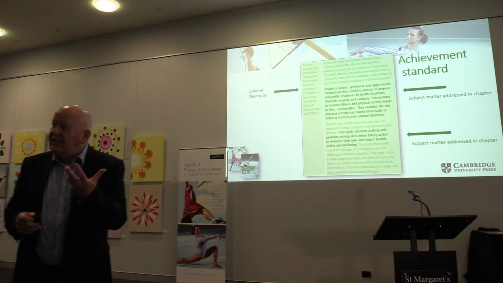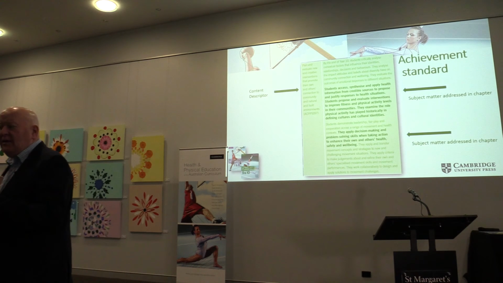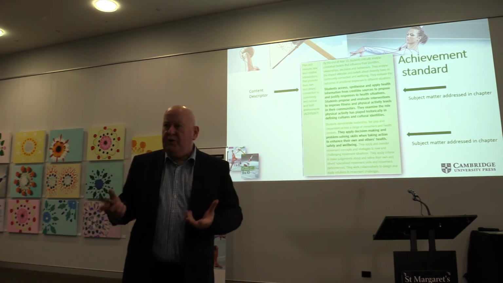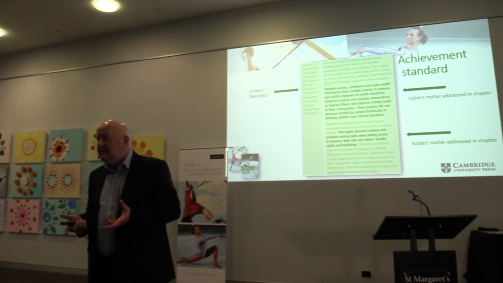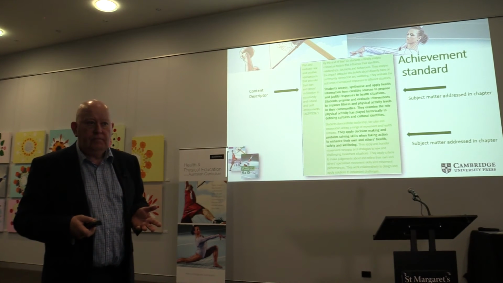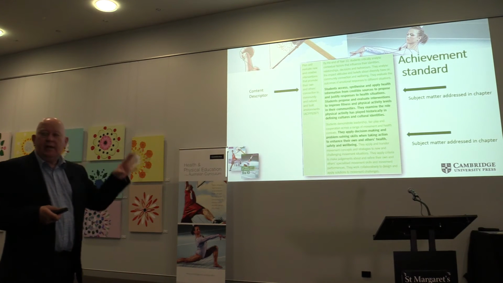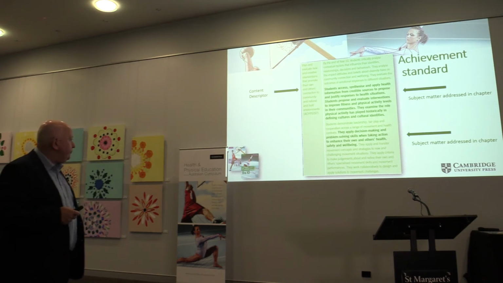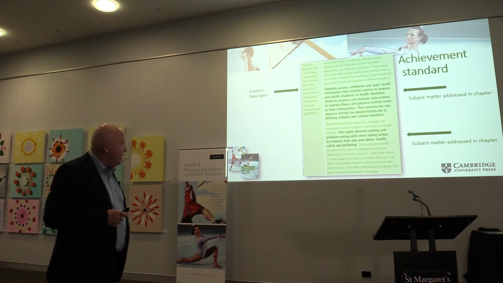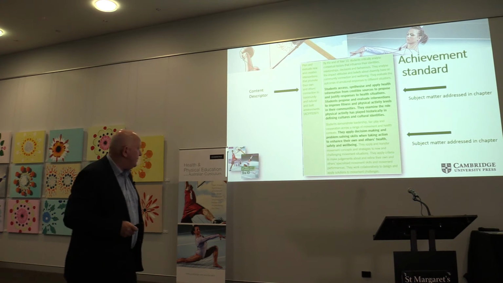So this will be able to give you an opportunity to check if you're thinking about the achievement standard and the sort of evidence that you're going to gather, then this will be a good checkpoint for you. A useful checkpoint for you in your mapping. So the highlighted areas are where the subject matter is being addressed in the document, in the chapter.